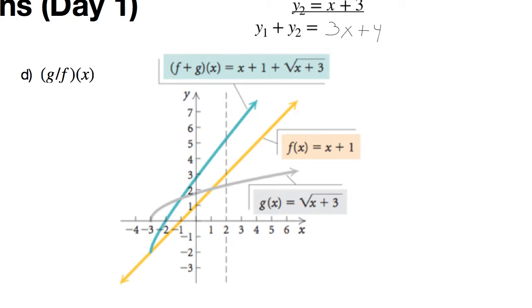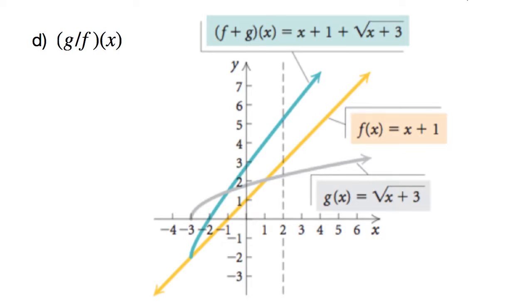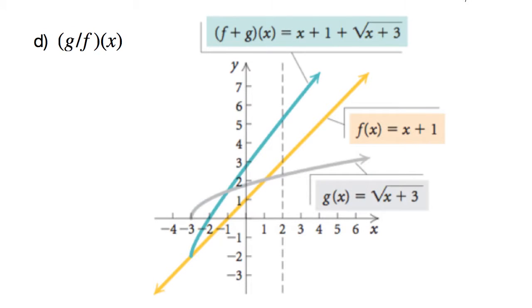Notice what happens when you add functions together: if you have this function and this function, you just combine their total heights. So it would look like this up here. This height plus this height is this height. You can see it's like 2.1 or so, and then 3, and then the total is 5.1.